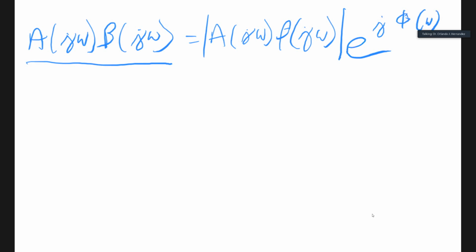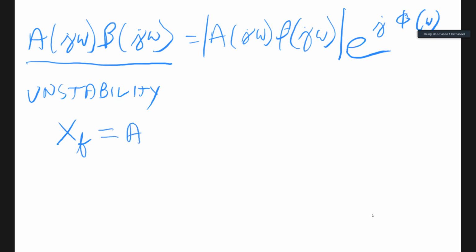So when is it that instability happens? How can I express that? Instability, what we want to avoid, is when that feedback signal, which would be the loop gain, is at an angle of 180 degrees.